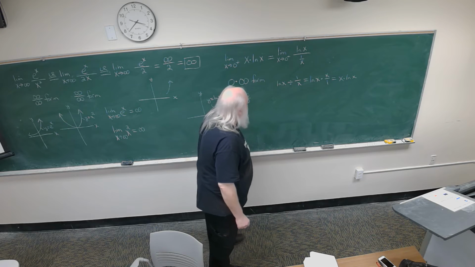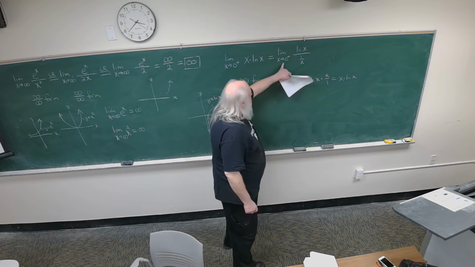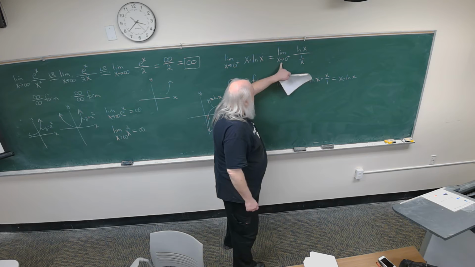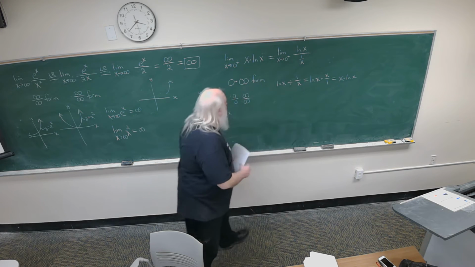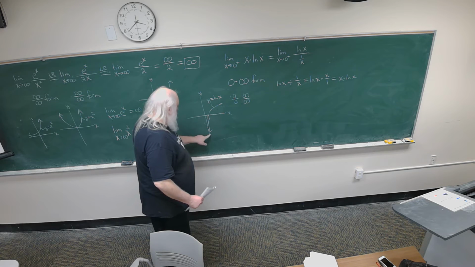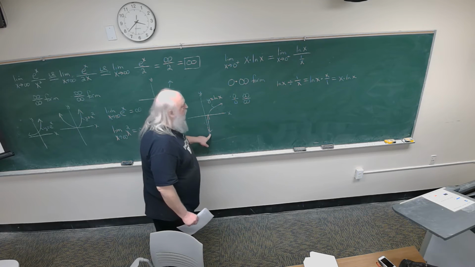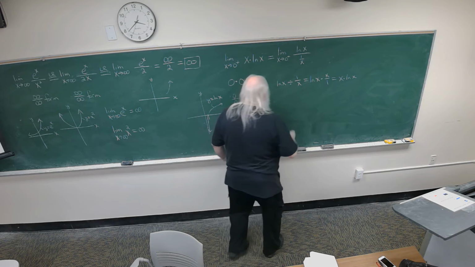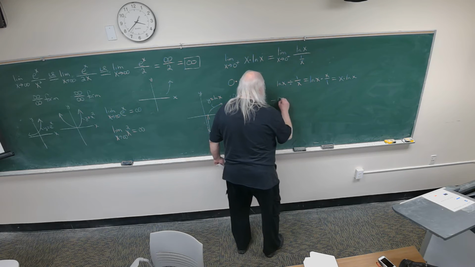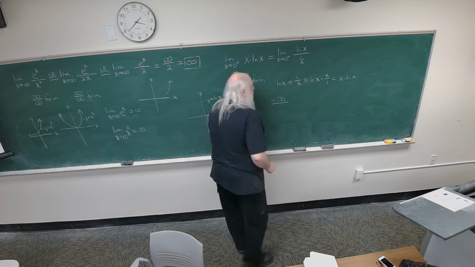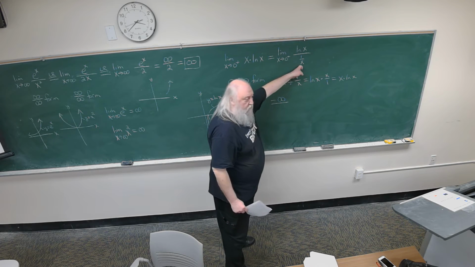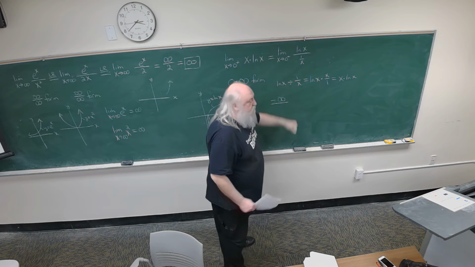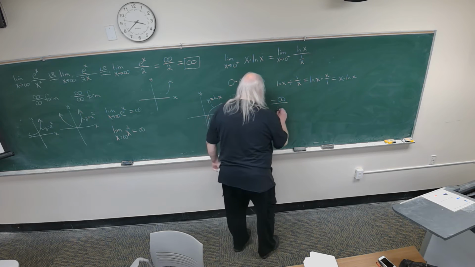Well, when you do the direct substitution, as x approaches 0 from the right, the natural log of x is going to minus infinity. So we have minus infinity in the numerator, and in the denominator, as x approaches 0 from the right, 1 over x is going to plus infinity.